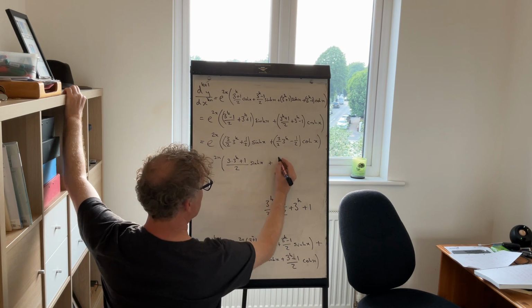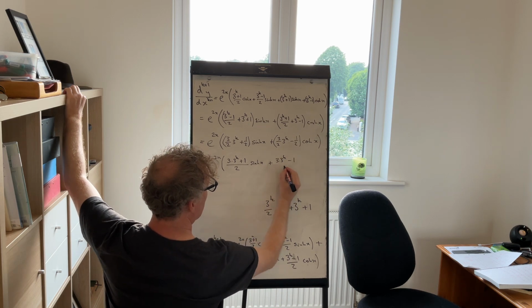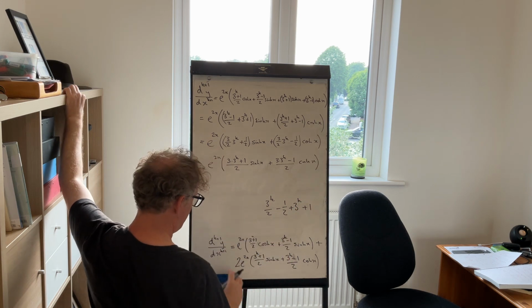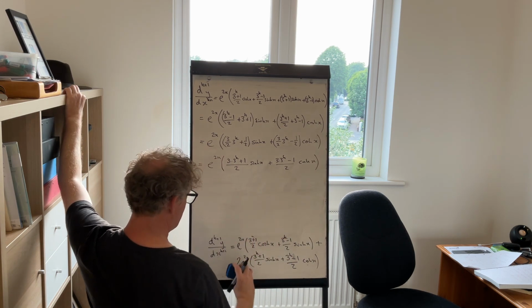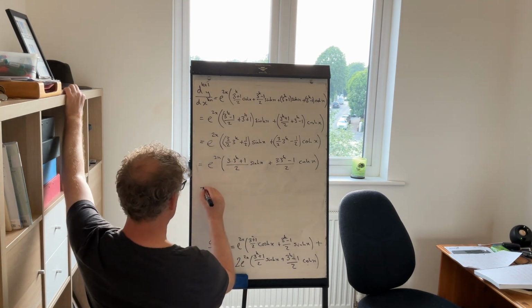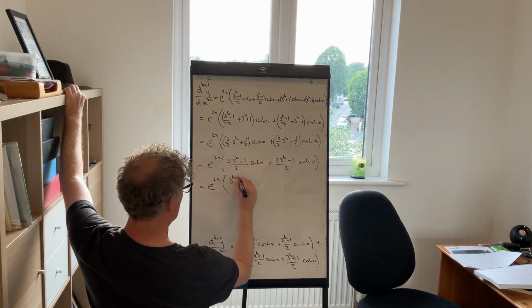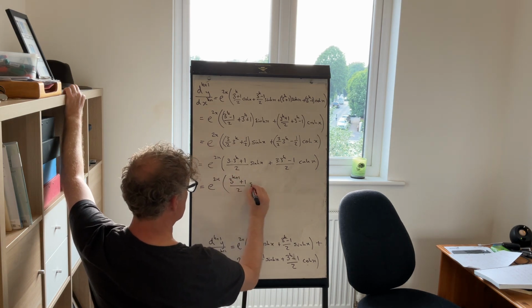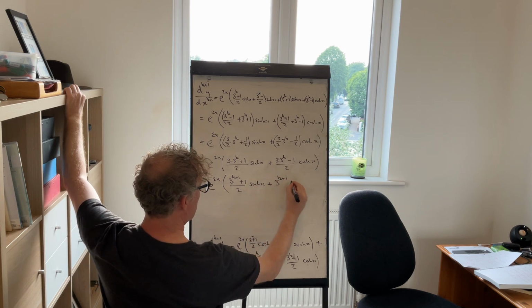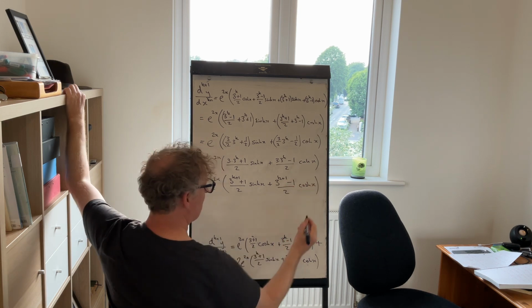I've got 3 times 3 to the k minus 1 over 2 cosh x. And 3 times 3 to the k is 3 to the k plus 1. So we got 3 to the k plus 1 over 2, sinh x, plus 3 to the k plus 1 minus 1 over 2, cosh x.